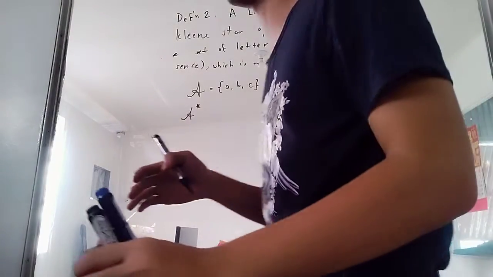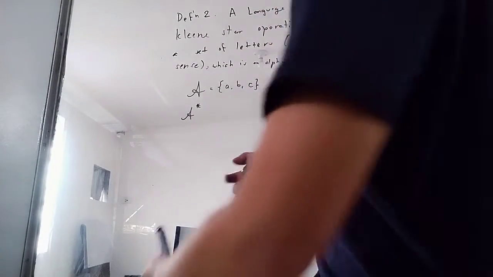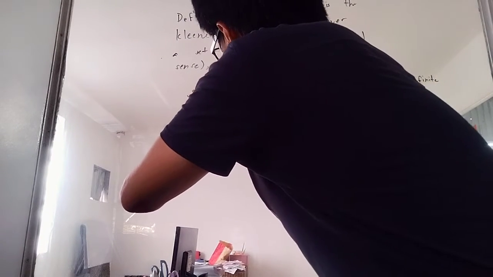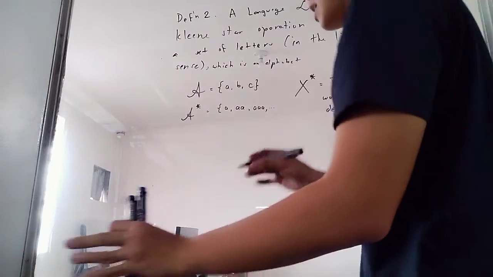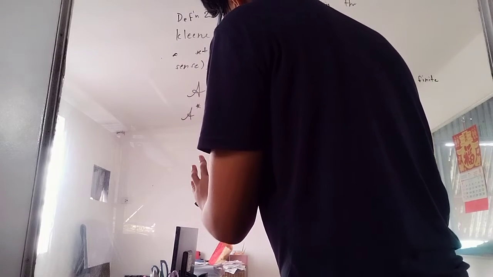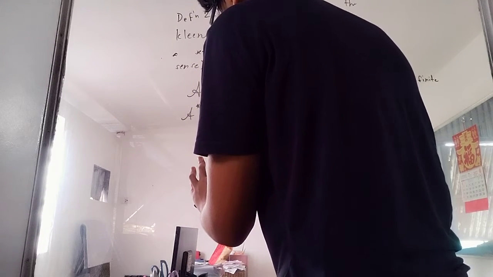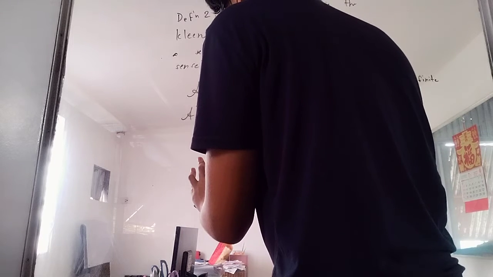So first we have A, then A A, then A A A, and so on a finite number of times, then B, B B, B B B, dot dot dot, and then C, C C, C C C, dot dot dot, and then A A B A C, and on and on.